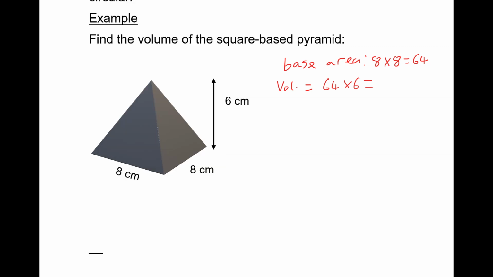To work out the volume, now that we know the base area, I need to do 1/3 times the base area of 64 times by 6. 1/3 of 6 is 2, times by 64 is 128. So the volume here will be 128 centimeters cubed.